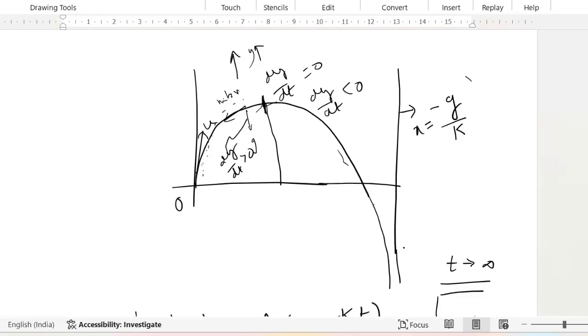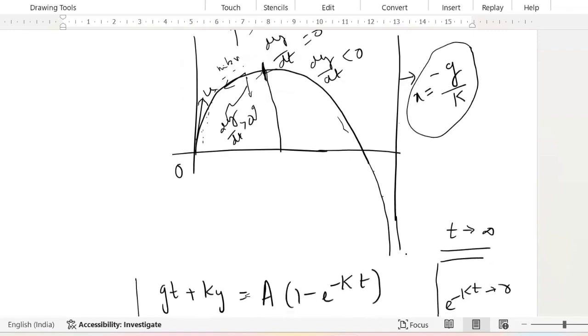So this is becoming an asymptote, and by the nature of the asymptote, an asymptote is nothing but a tangent to the curve at infinity. That means if I can reach infinity, then this curve will touch this line. So that is what is happening here.